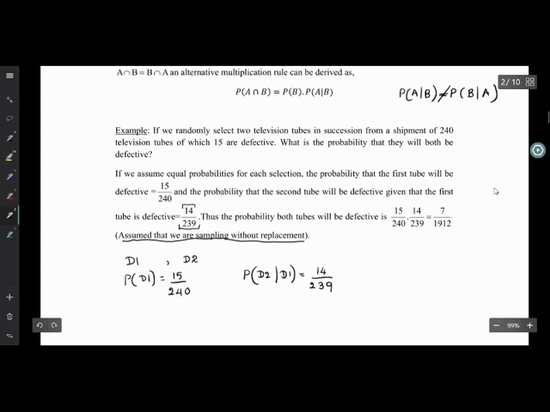Now the probability that the first is a defect and the second is a defect will be P(D1) times P(D2 given D1). So this is exactly the multiplication rule you saw in Theorem 2.9. The answer is 7 over 1912.